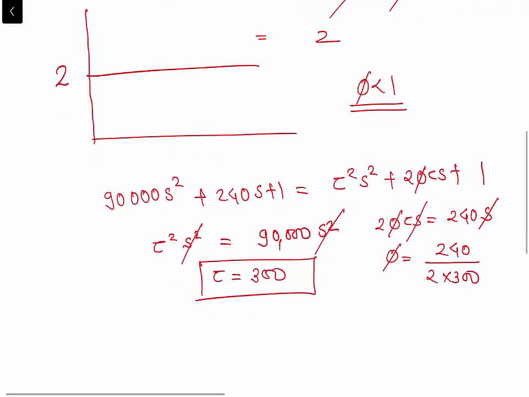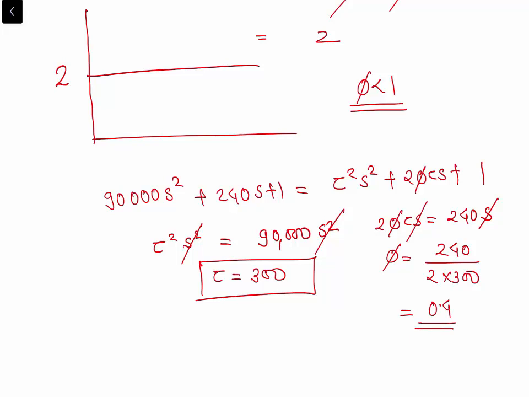You can calculate it on your calculator, and approximately 0.4 is coming. So it shows that our system is underdamped.